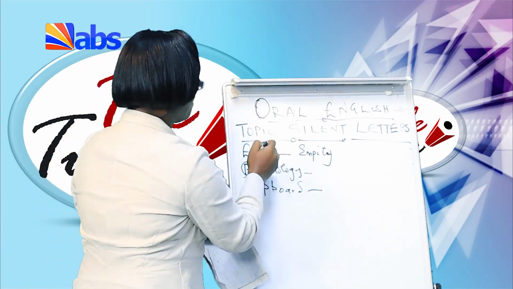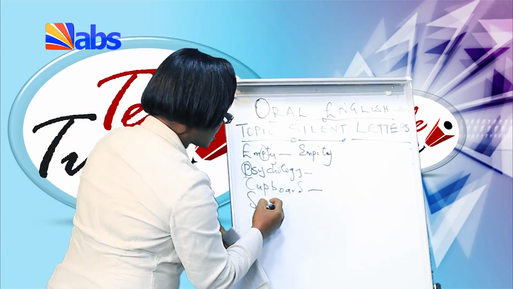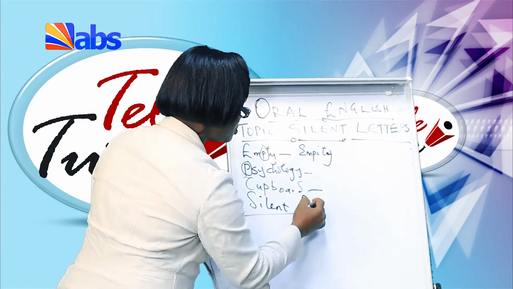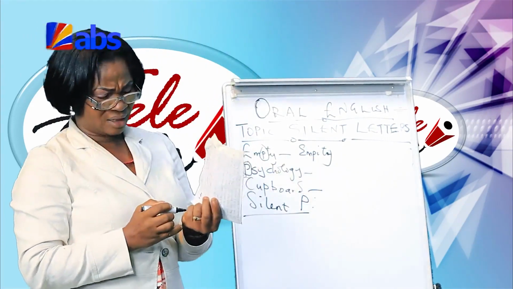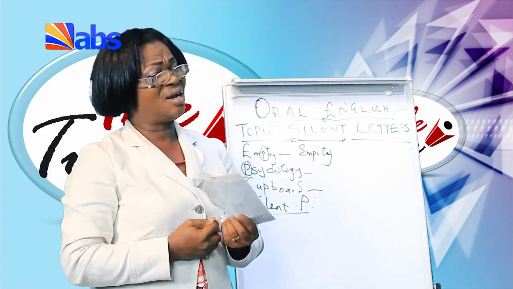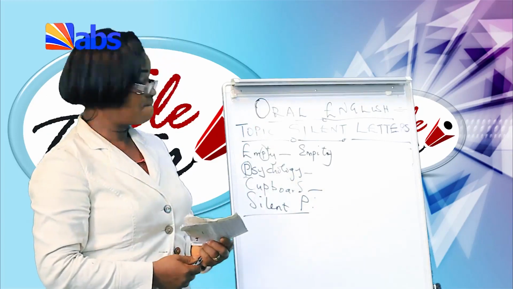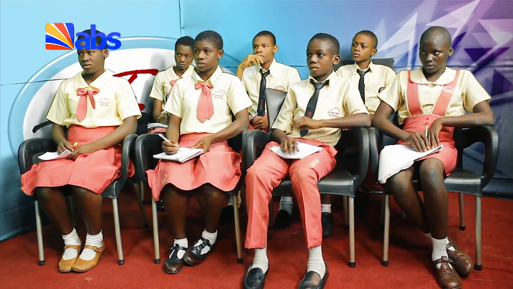Let's start with silent P. Can you think of words with silent P? We've talked about the first ones: empty, psychology, cupboard. Can you think of another one? Physics, beautiful.